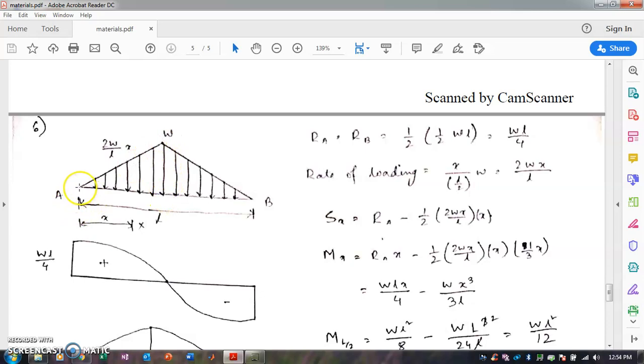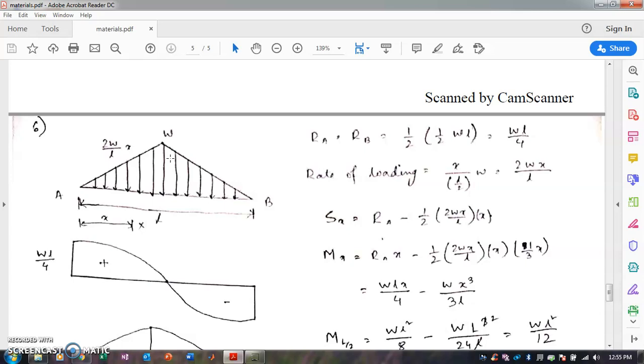It is starting from 0 at both the ends, A and B, and reaching W at the midpoint. So here the total load will be the area of the triangle, as we discussed in the last class. For UVL, total load is area of triangle. Here it is height W and base L, so half into W into L will be total load.